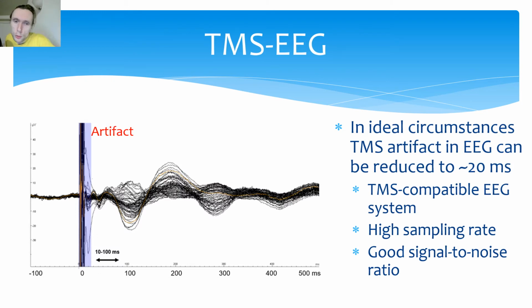When you apply a TMS pulse while measuring EEG, the signal will look a little bit like this. You will first see a huge disruption of the EEG signal, which is the artifact when the pulse is given. Because that signal is so strong, it will saturate the EEG electrodes and amplifier, which means that it sometimes takes a little bit of time for the EEG signal to return to its normal level.